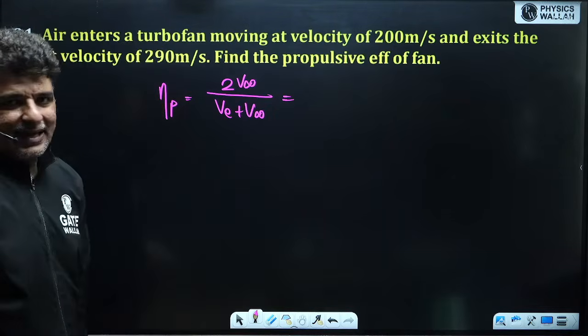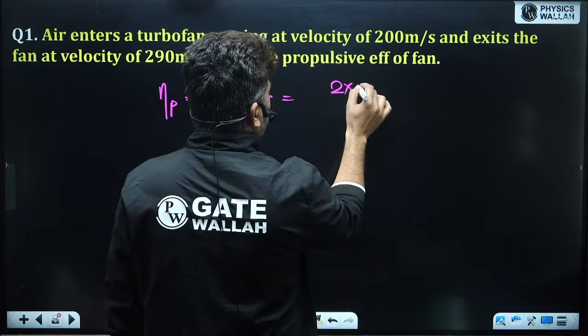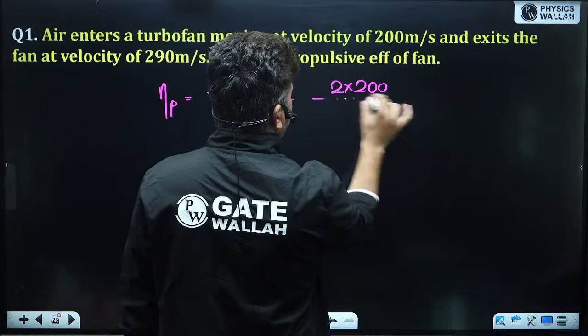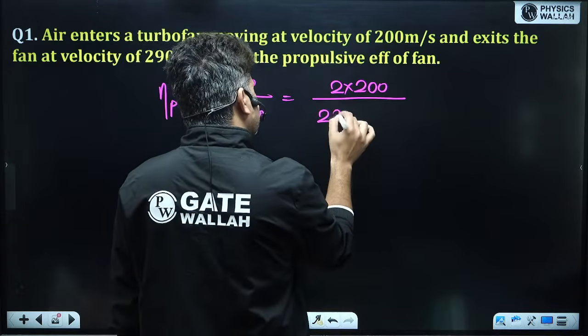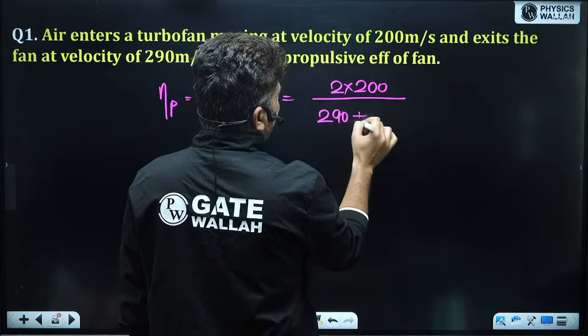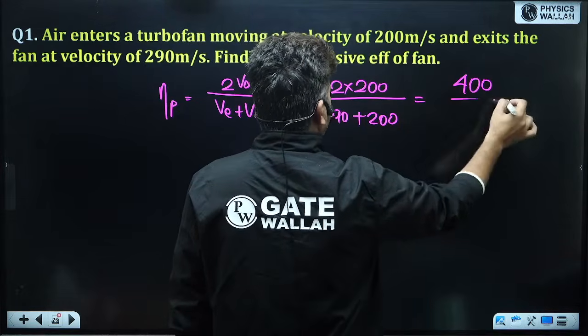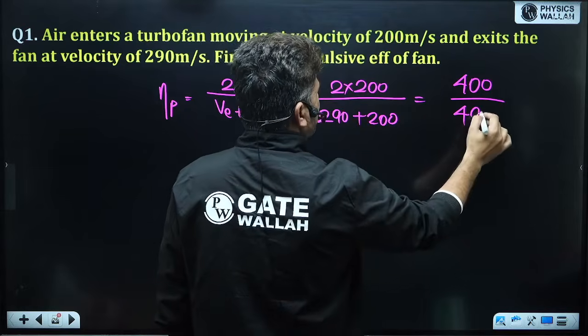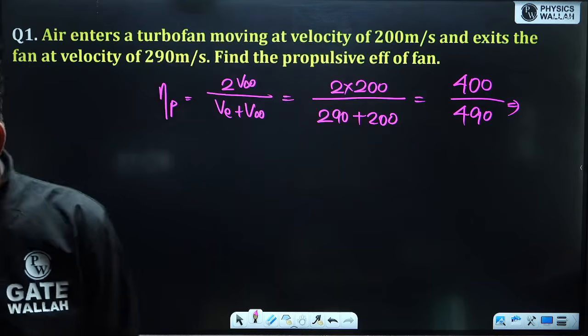So it is given that the aircraft is moving at the velocity of 200 meter per second. So 200 divided by V exit, which is 290 plus 200. So this is 400 divided by 490. This will come somewhere around 81 or 82%.